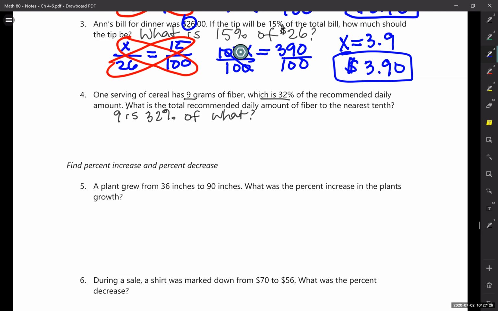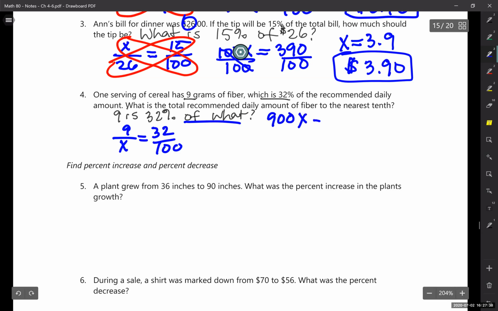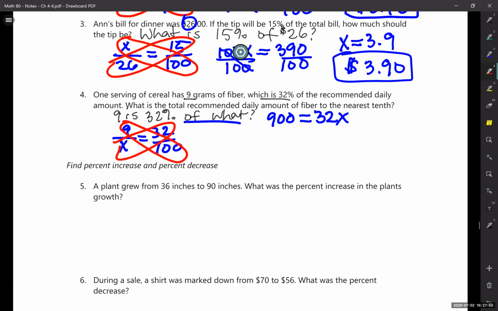So 9 over x equals 32 over 100. So 900 equals 32x, because I'm multiplying 9 times 100 and 32 times x. And so finally, I'm going to divide 900 by 32.